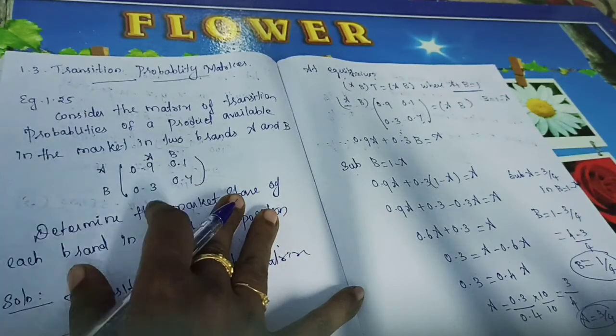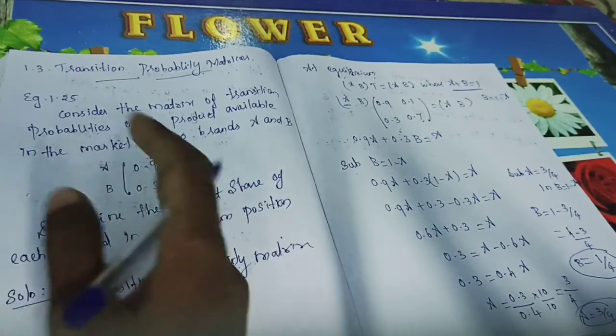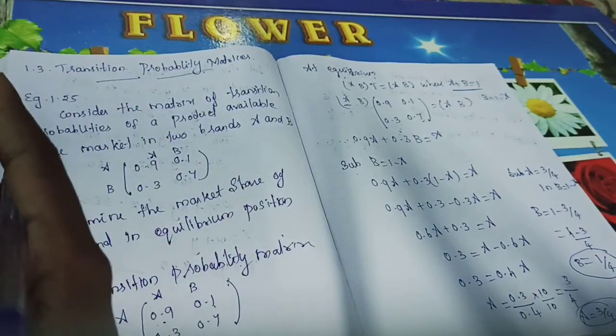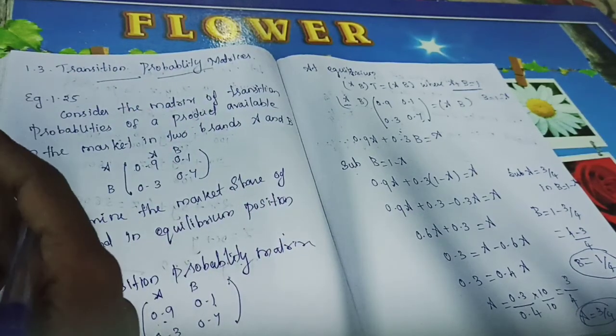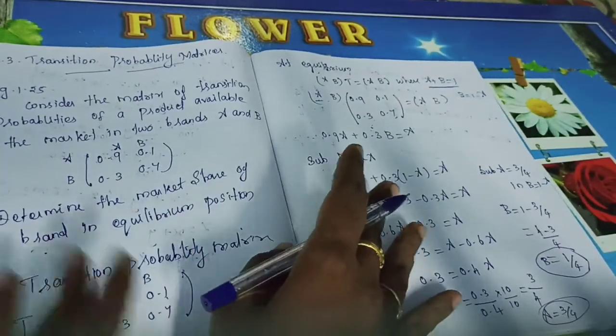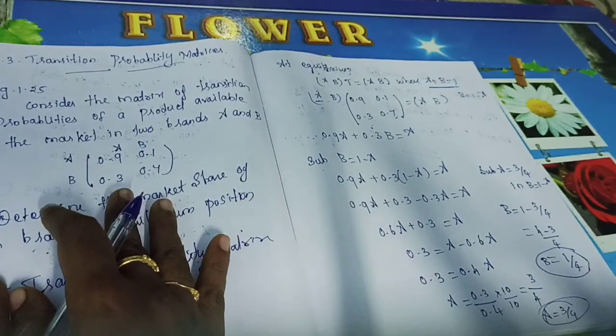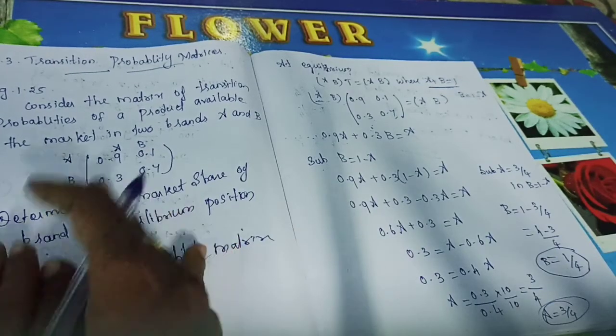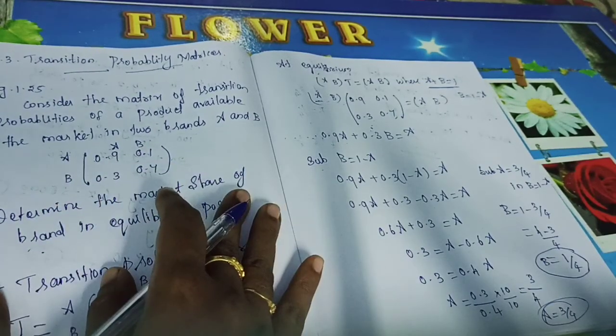We won't repeat it again. So please students, take your notes correctly, maintain your classworks and do the homeworks properly. So example 1.25 is completed. In the next class we will continue from example 1.26.